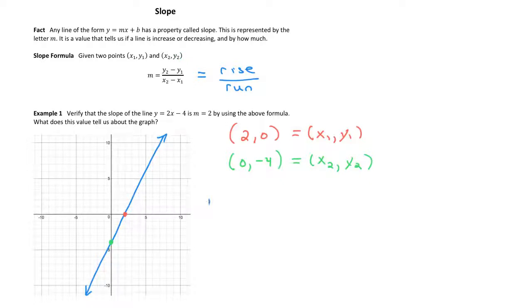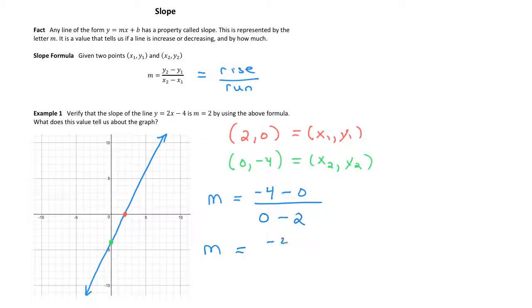So let's see, m is equal to y2 minus y1. That's this number minus this number. That is negative 4 minus 0. I then divide that by x2 minus x1, which is 0 minus 2. And if I simplify this, what do we get?